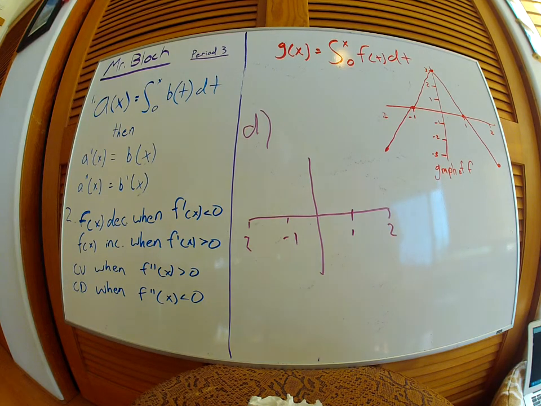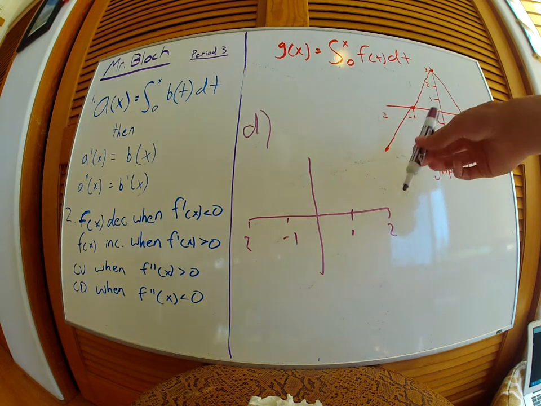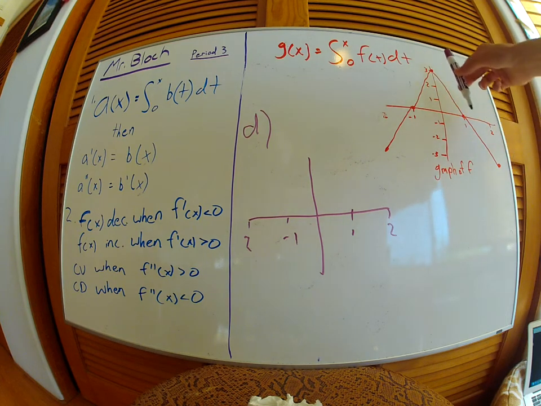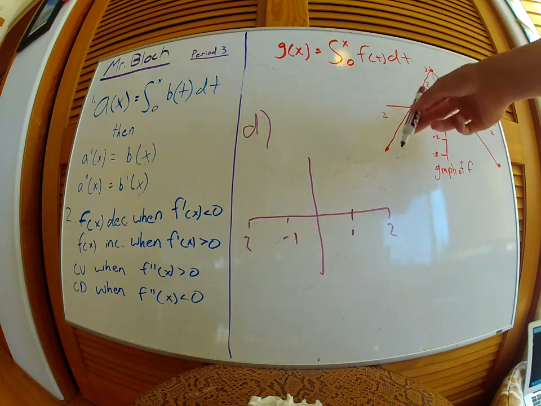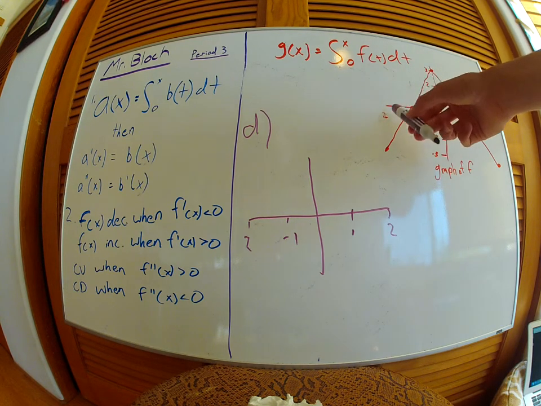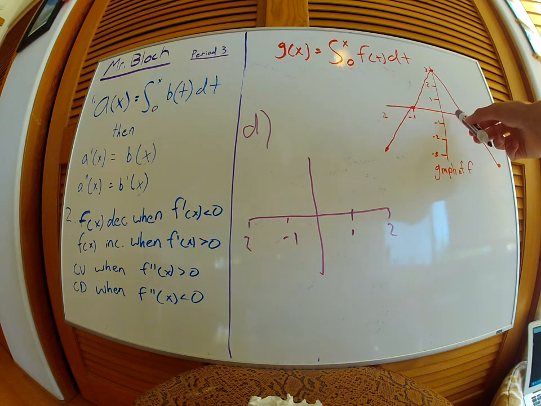Okay, so on the graph of f, this whole part is sloped up, while this whole part is sloped down. So from here to here, if it's sloped up, that means g is going to be concave up from negative 2 to 0, and concave down from 0 to 2. Now we just need to find where we have zeros.